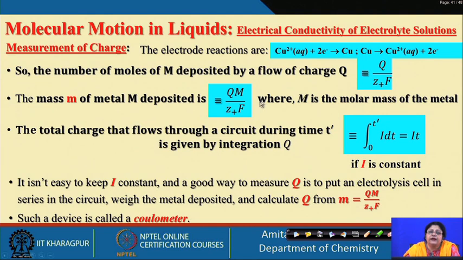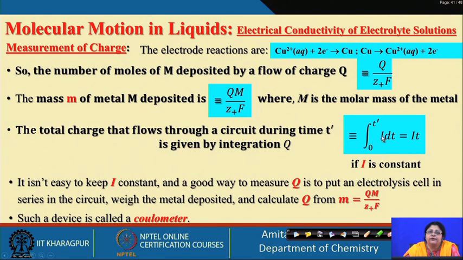Let the charge flow from 0 time to some time t prime during which the circuit is operative. Here we have said that I is kept constant. So, I is the current, times dt. With the change in time, we get the total amount of charge that is flowing.